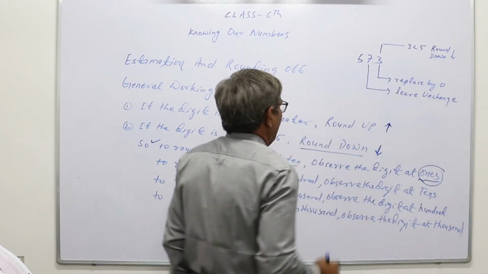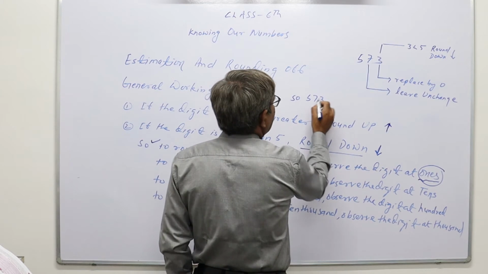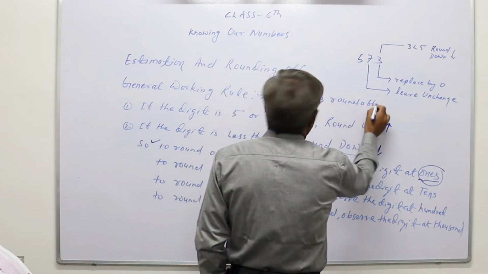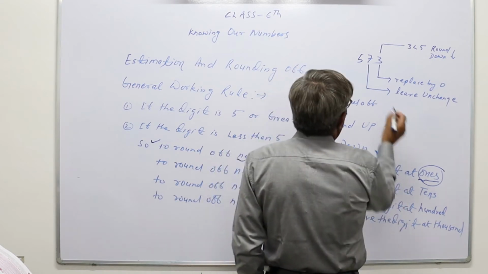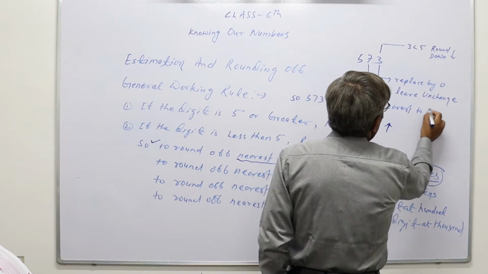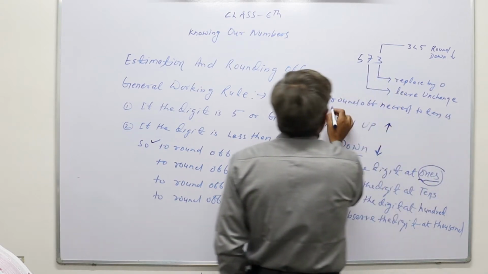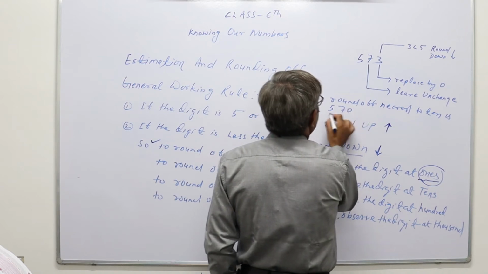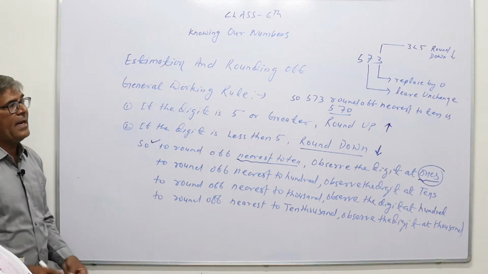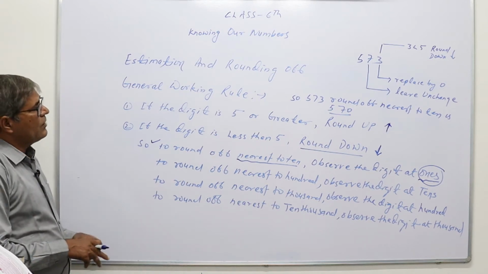So, 573 rounded off to the nearest 10 is 570. Okay, so in this way, any given number is rounded off to the nearest 10.